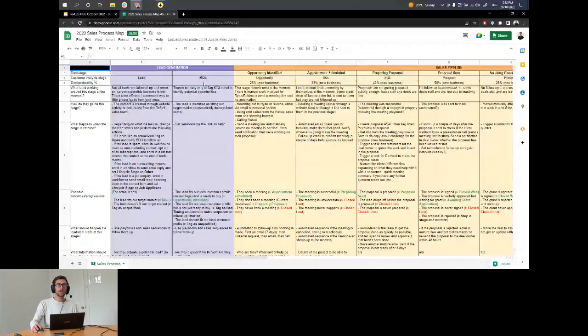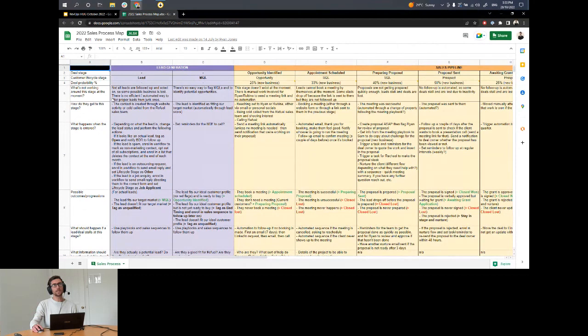For each stage of our map, we've identified what is not working at the moment, what the main issues at this stage currently are. That can be simply that this stage doesn't exist at this point and we need to create it, because we've identified that reviewing our data, which is what happened with a couple of those stages for us.